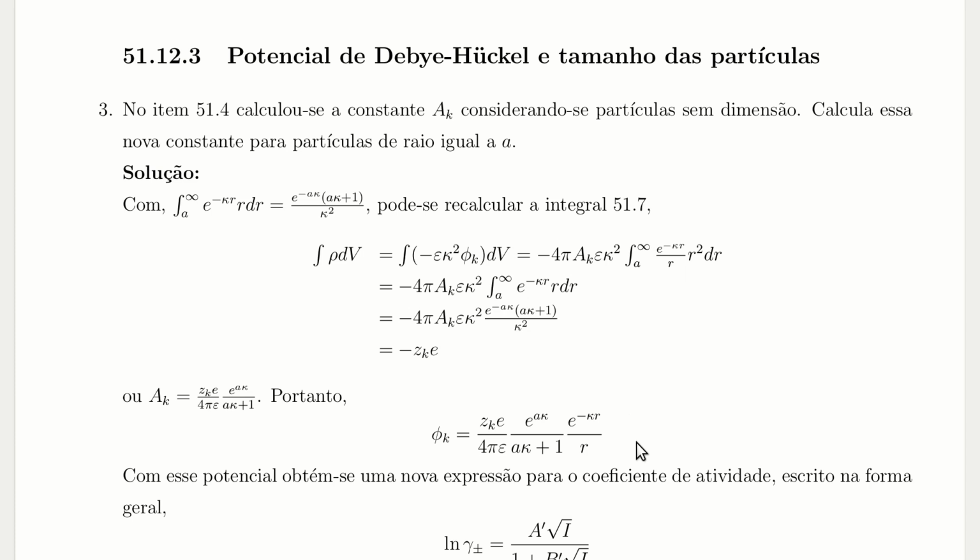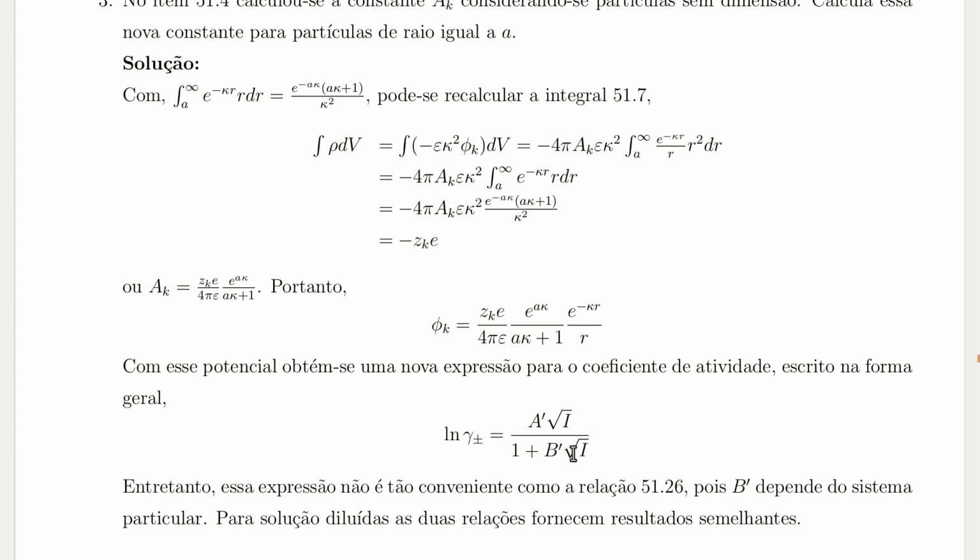The important thing here is that this expression for the potential will give another gamma function, which is given by that. A prime we had already defined before, the same constant as before. And b prime is a new constant, but this b prime depends on the size of the particle, on a.